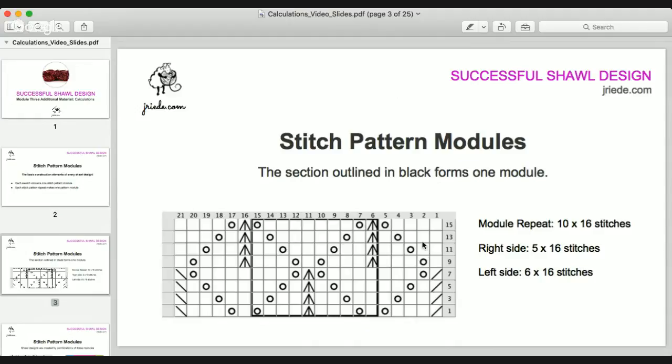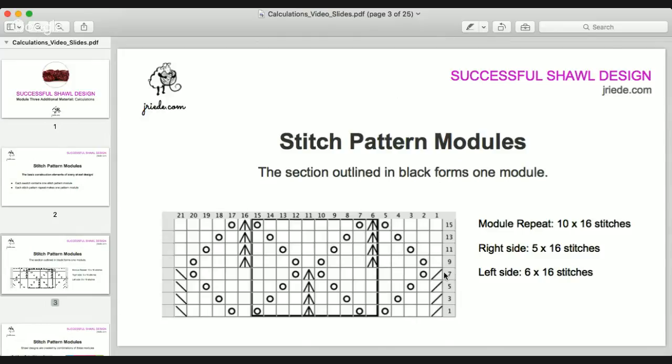The reason for these right and left side sections is that there are central double decreases, these stitches here, shown by my mouse pointer at the moment. If these were done at the edges, we would have a problem with stitch count. This is the reason why they are replaced by this SSK and knit two together stitches here on the edges.